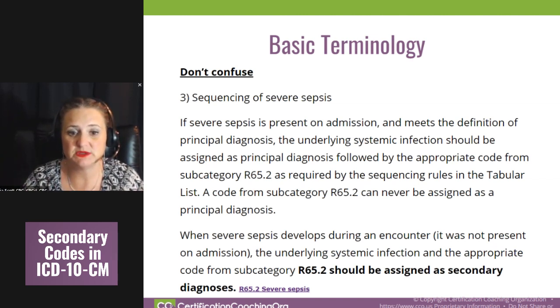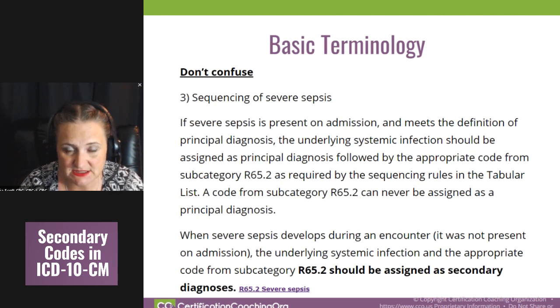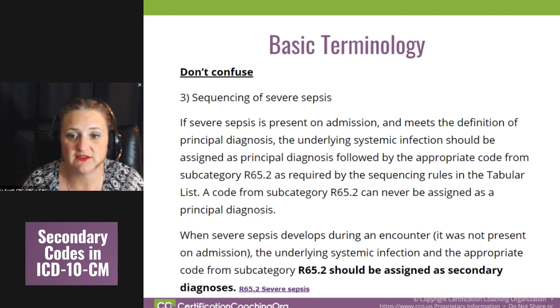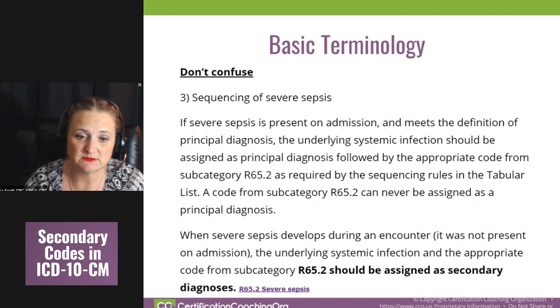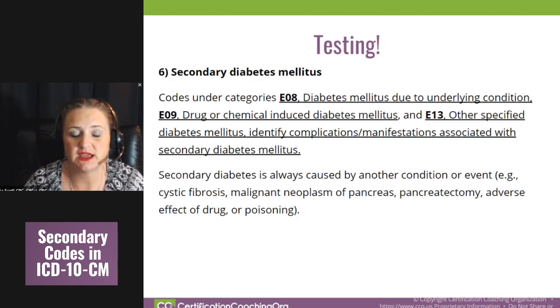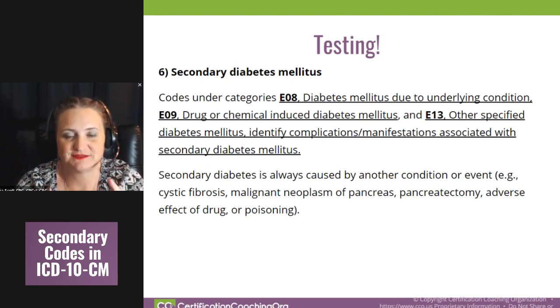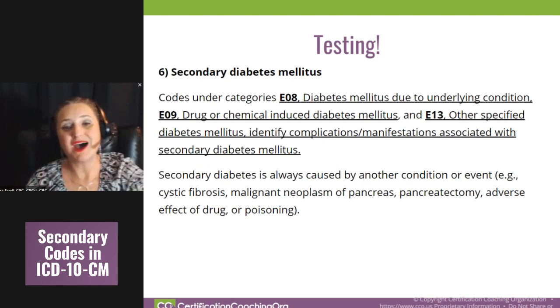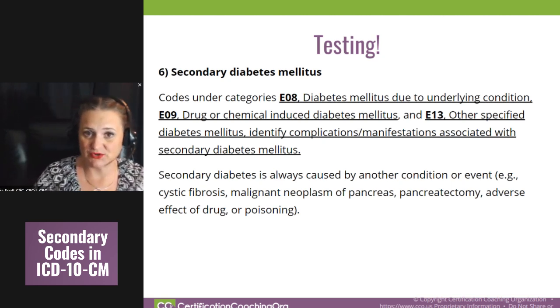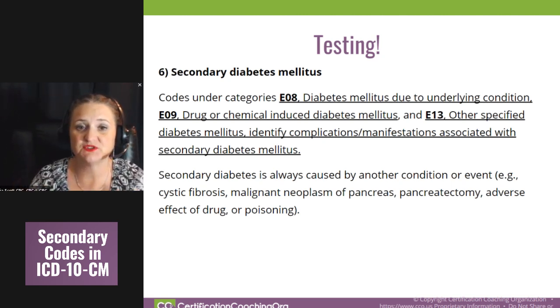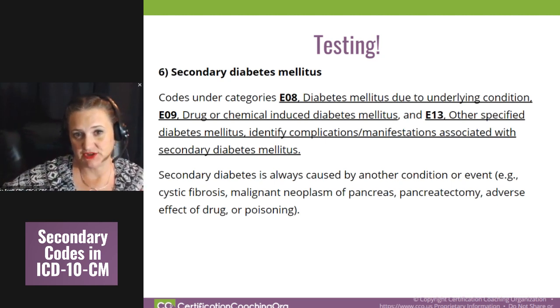You can be septic, you can have sepsis, but when you trip into severe sepsis, then again we start having organs shut down, organ systems, and often you're going to be using two codes, a secondary code, to explain that. All right. So now that I've kind of explained what is not the secondary diagnosis that she was referring to, now you've got that pictured in your mind.